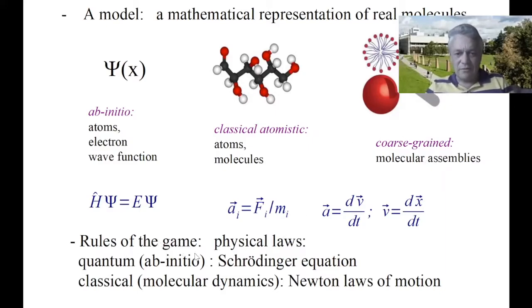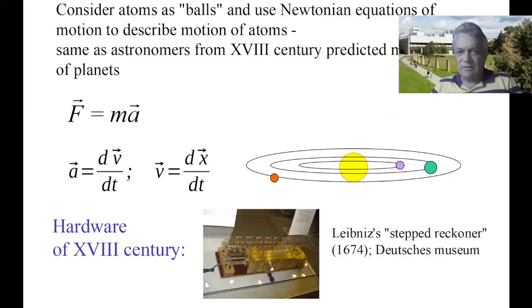And the rule of the game here is physical laws: on the quantum ab initio level, this is the Schrödinger equation, and for classical molecular dynamics, this is the Newtonian law of motion. So in fact, in molecular dynamics, we use the same equations which Newton described in the 17th century and used to describe the motion of planets, the well-known second law of Newton.